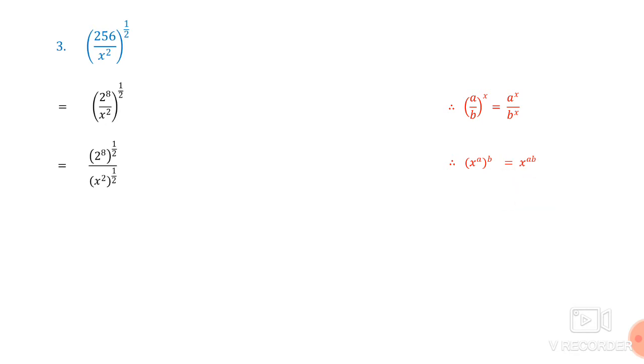So 8 and 1/2 will be multiplied, 2 and 8 will be cancelled out, and we will be left with only 2 exponent 4 in the numerator. And in the denominator, this square and this 2 will be cancelled out, we will have just x. 2 exponent 4 upon x. Now solve 2 exponent 4, it will be 16, and x is as it is in the denominator.